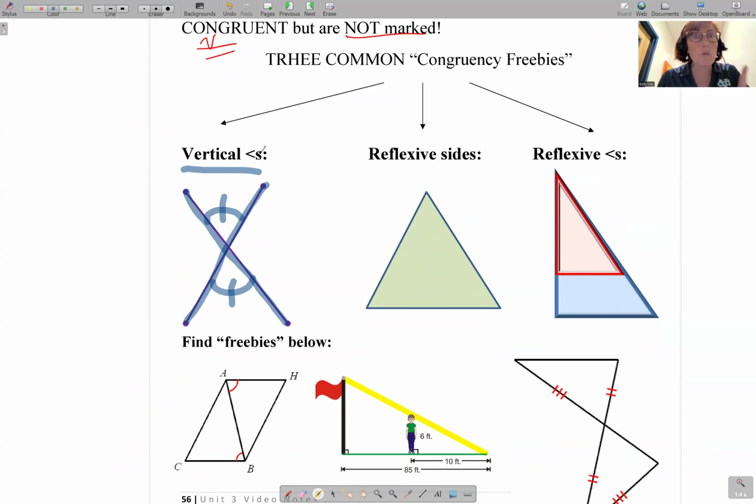When you see them, you always should mark them congruent. And when you mark something congruent, I want you to get in the habit: if you have a pair of angles, you put 1A for angles, circle it. That means I have a pair of congruent angles.